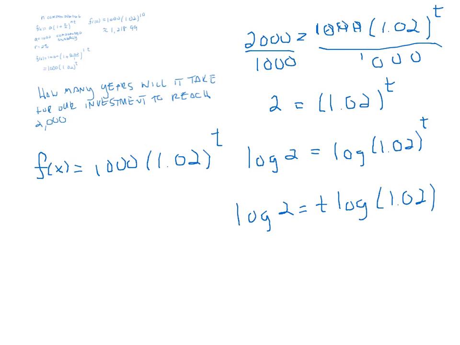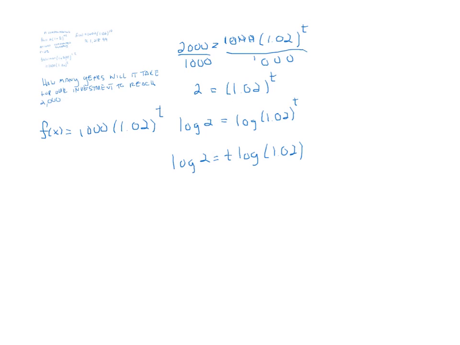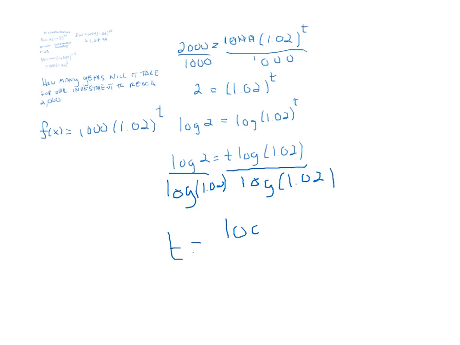Now, I could divide both sides by the log of 1.02. So I'll go ahead and do that, and I get t is equal to the log of 2 divided by the log of 1.02.